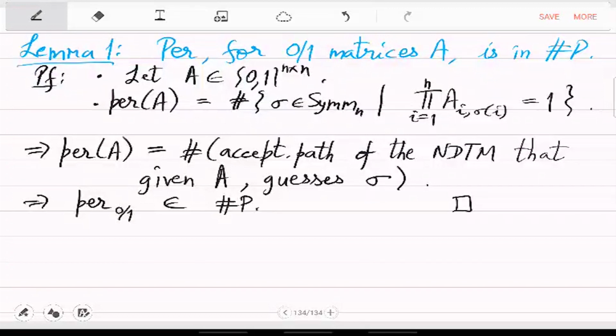And for this 0 1 permanent, there are many results, but there is no fast algorithm known.